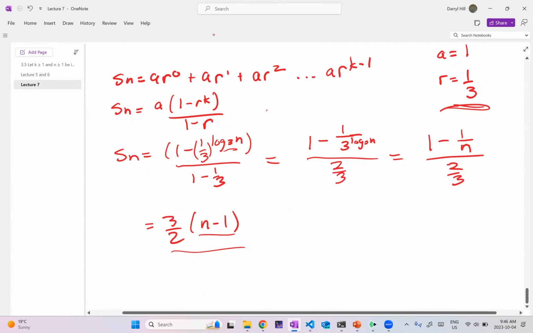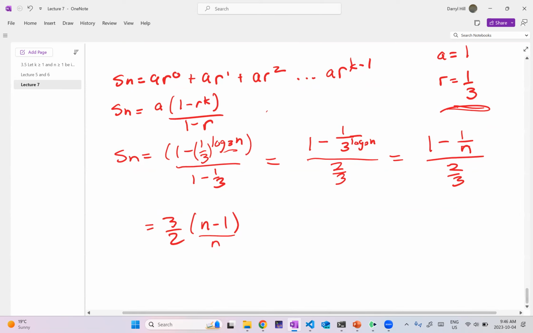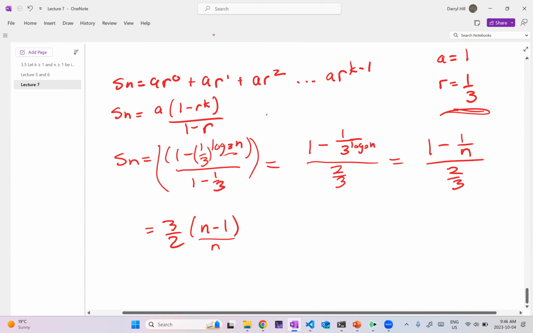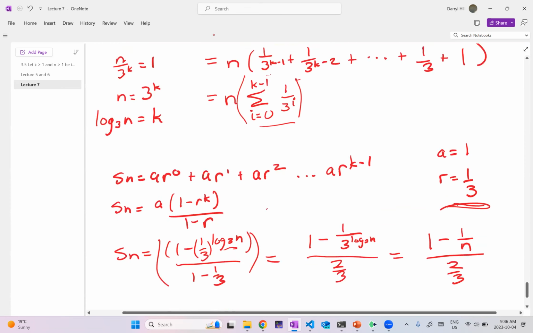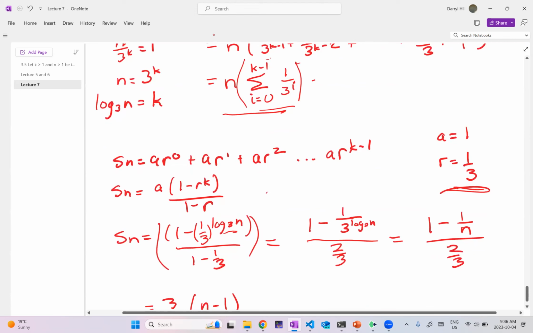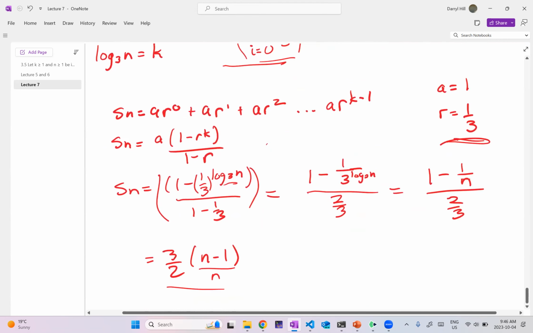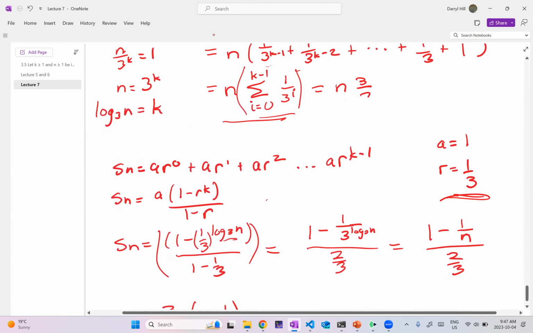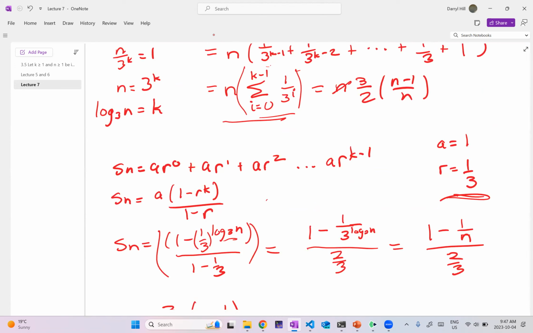So this expression evaluates to 3/2 times n minus 1 over n. And then when I go back to this expression, I get n times 3/2 times n minus 1 over n. Then these n's will cancel out, and you're left with 3/2 n minus 1. Yeah, thank you.